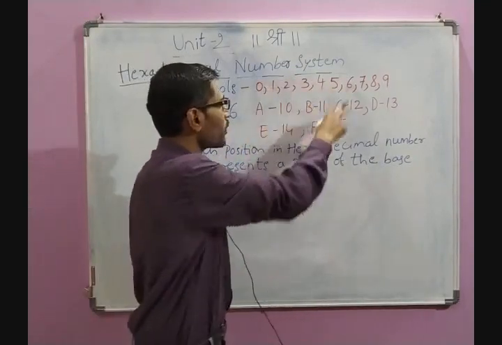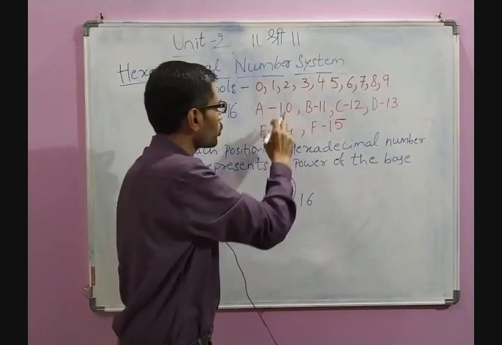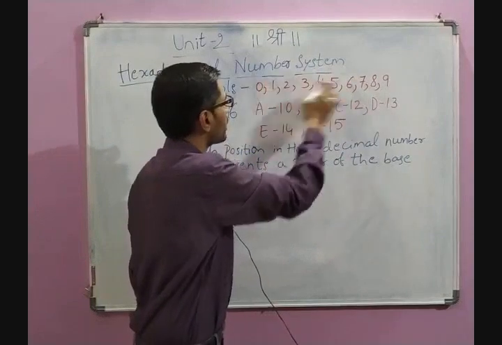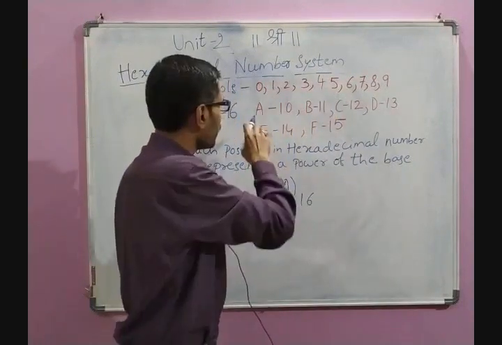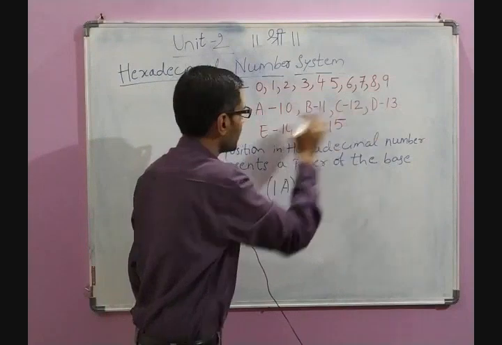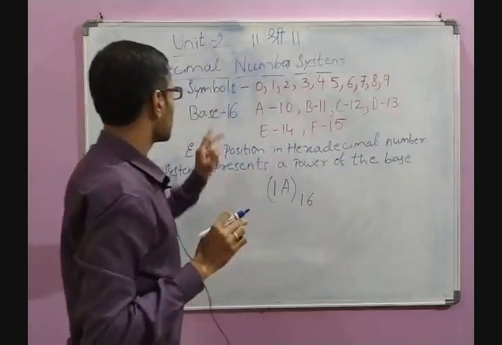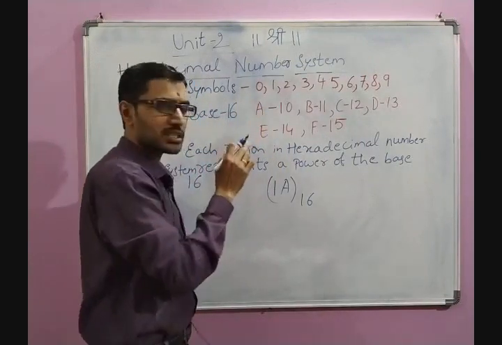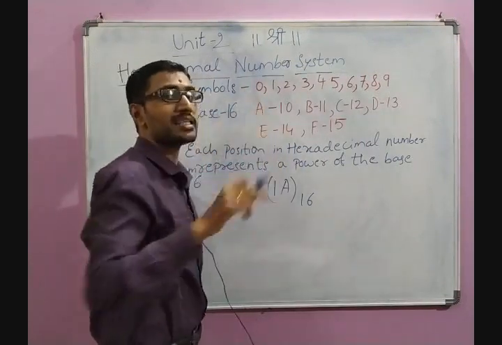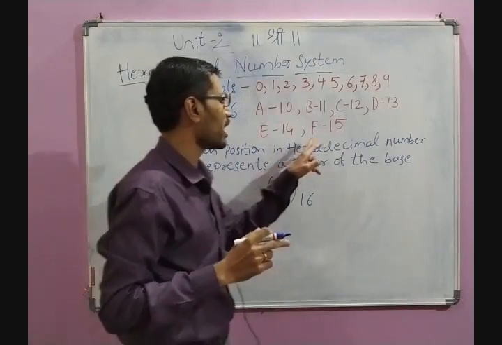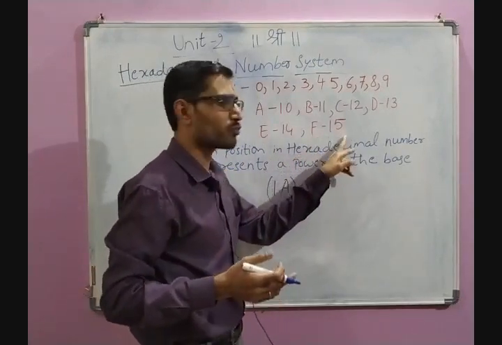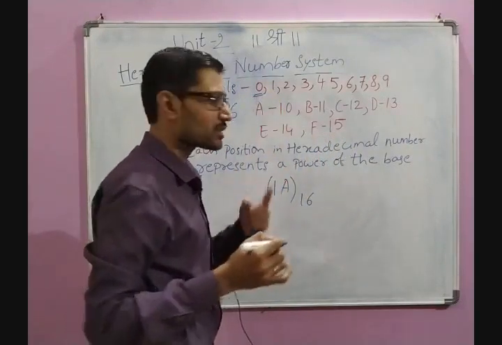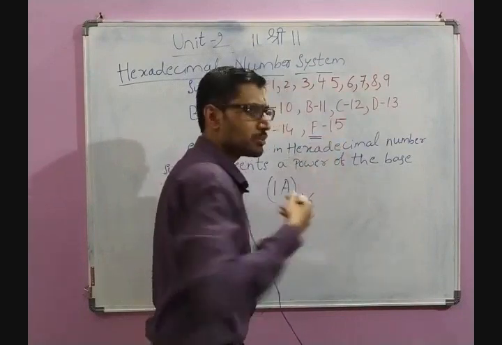So after 0 to 9, we use A, B, C, D, E and F. The smallest single digit in the hexadecimal number system is 0 and the largest single digit is F, which actually means 15.